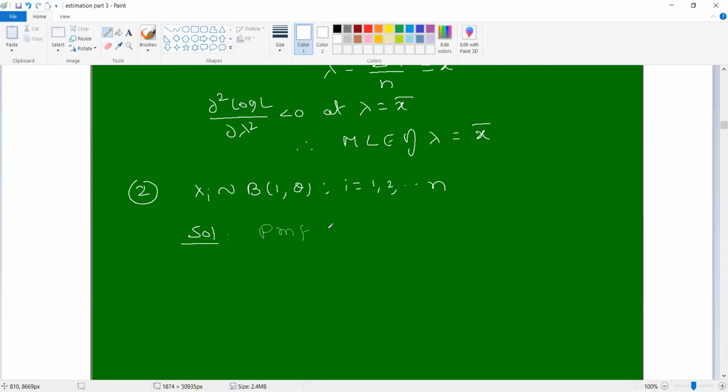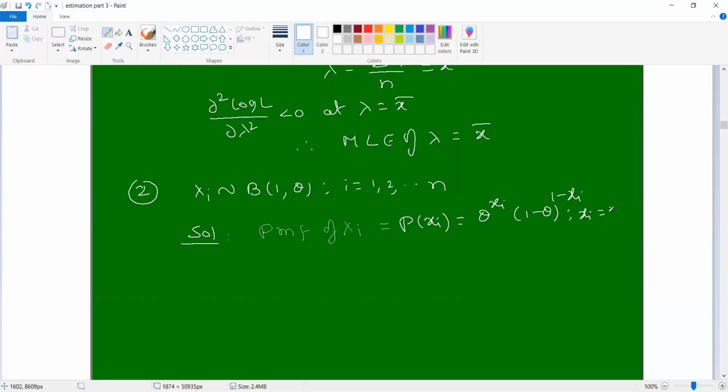Probability mass function of xi is equal to P of xi is equal to theta power xi, 1 minus theta whole power 1 minus xi.